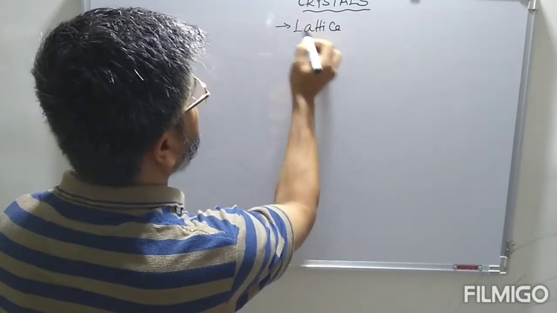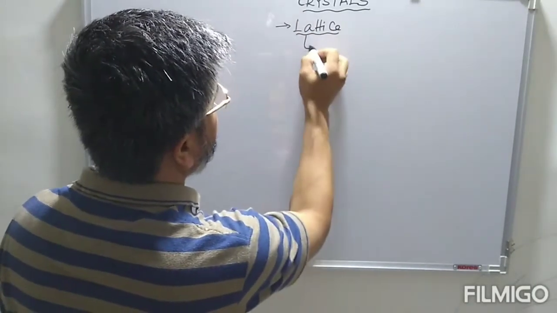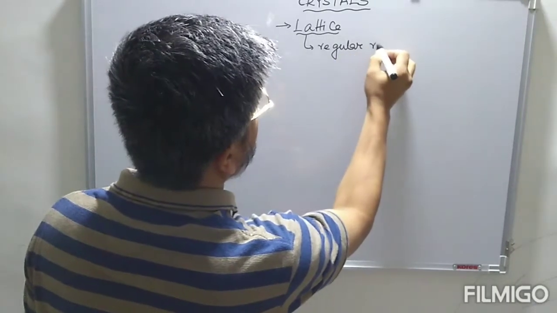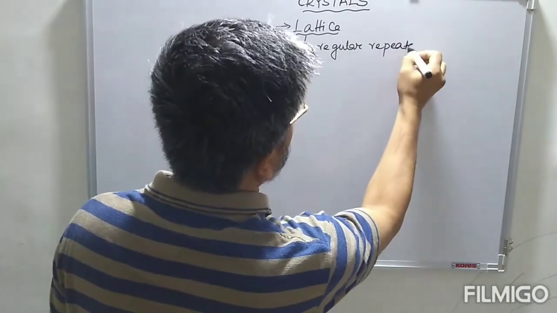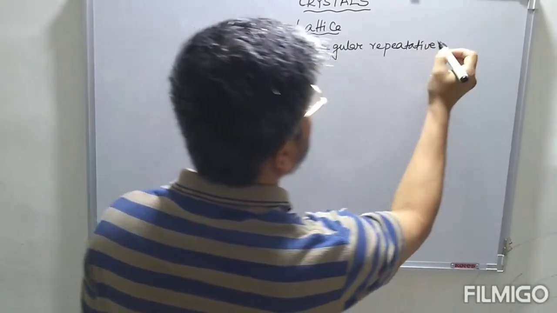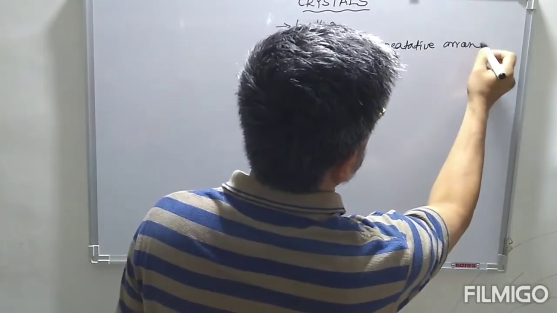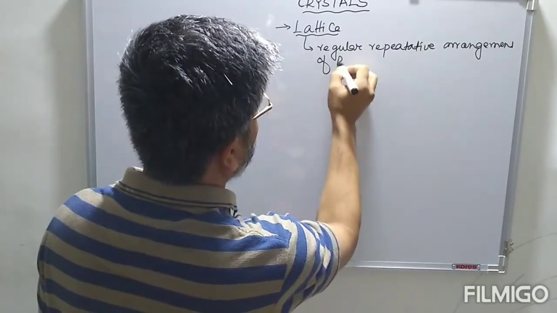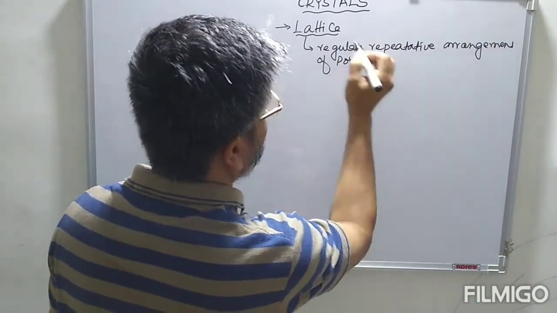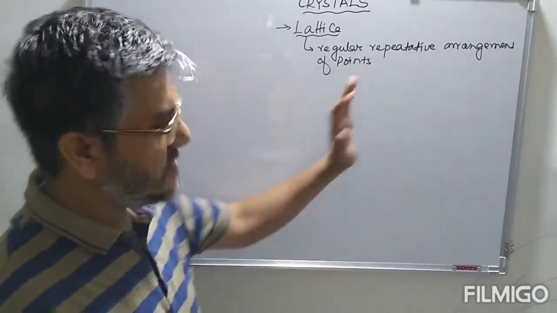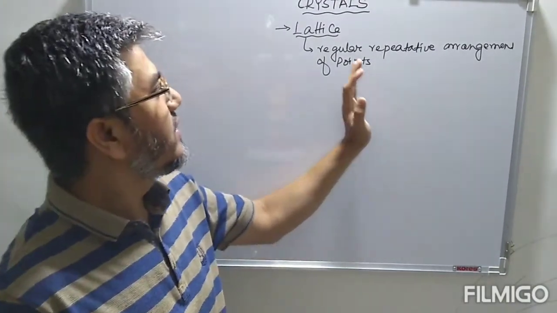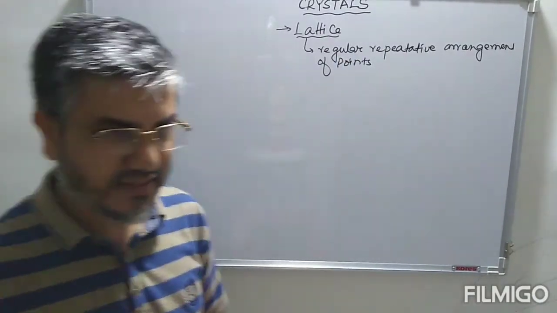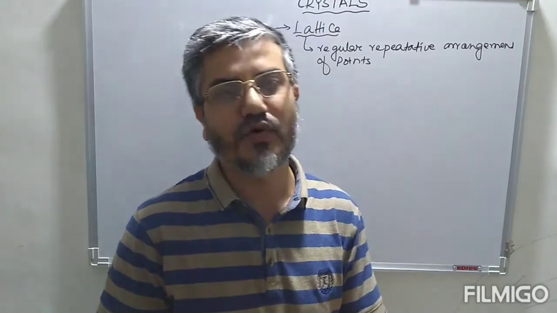So we have a term lattice. This is a regular, repetitive arrangement of points such that at any point the surrounding is exactly the same at every point.